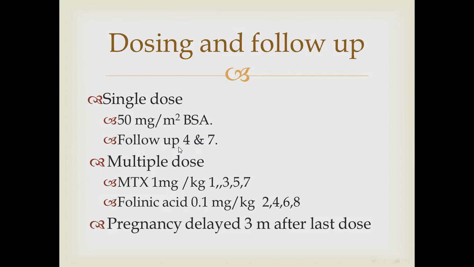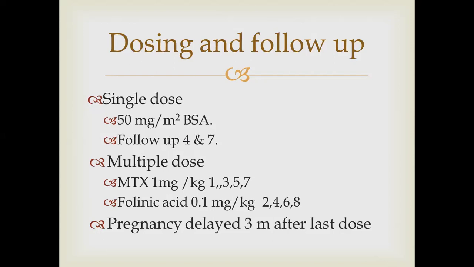After 4 days, we should check another beta HCG, which may be increased or near the baseline, no problem. But the important point is that beta HCG at 7 days should decline from that of 4 days by at least 15%.